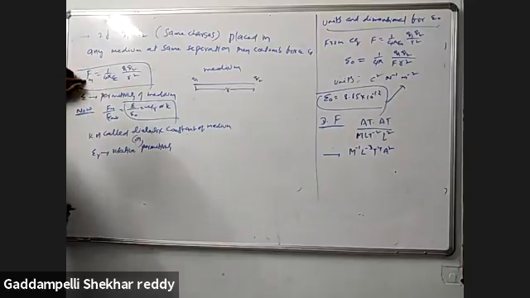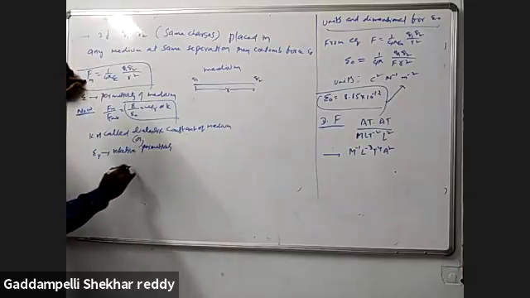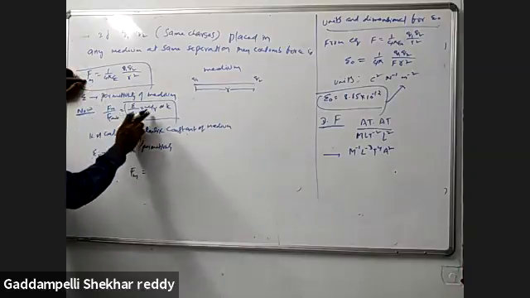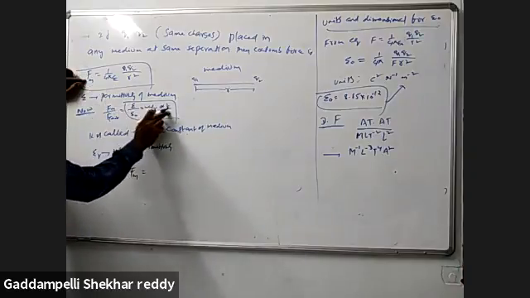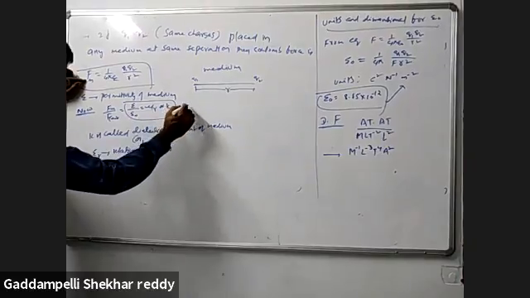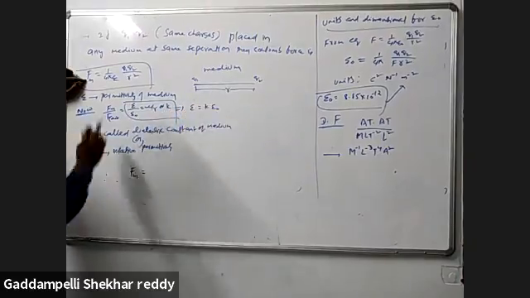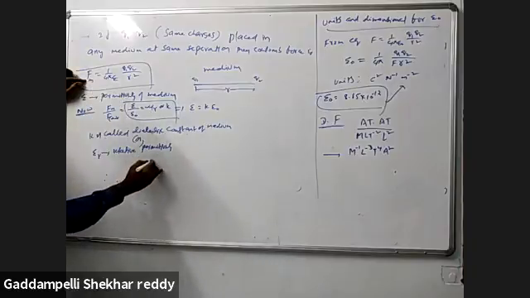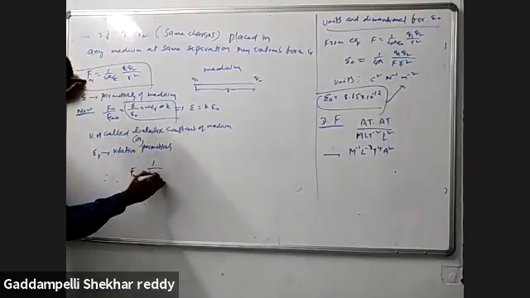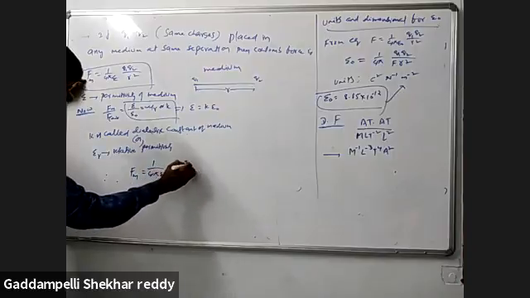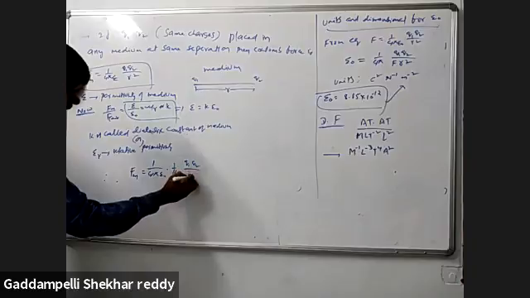From this equation, epsilon is equal to K epsilon naught. Substituting this, F medium is equal to 1 by 4 pi epsilon naught times 1 by K Q1 Q2 by R square.